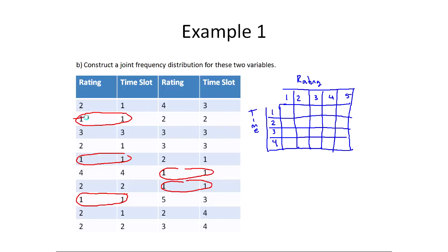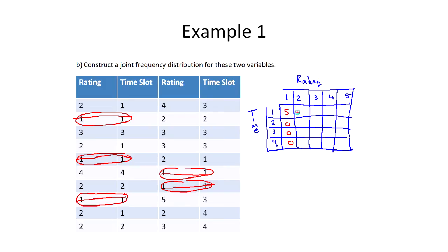Okay, so that'd be this one. 1, 2, 3, 4, 5. It looks like all the ratings of 1 were in time slot 1. So for ratings of 1, there were none in time slot 2, none in time slot 3, none in time slot 4. So notice we're initially seeing maybe there's a problem with whoever's in charge of time slot 1.